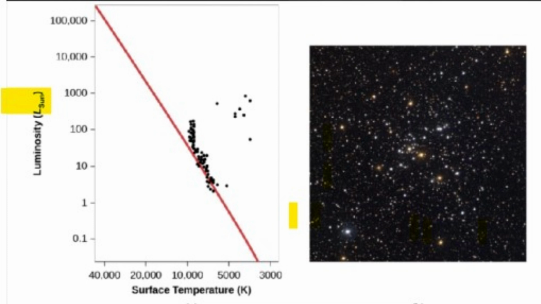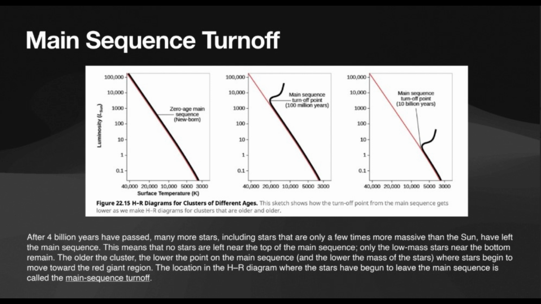Then we have the main sequence turnoff. You can see in the three charts, it's turning. The first one is just a line, the second one is kind of a turn, and the third one is a very short one.